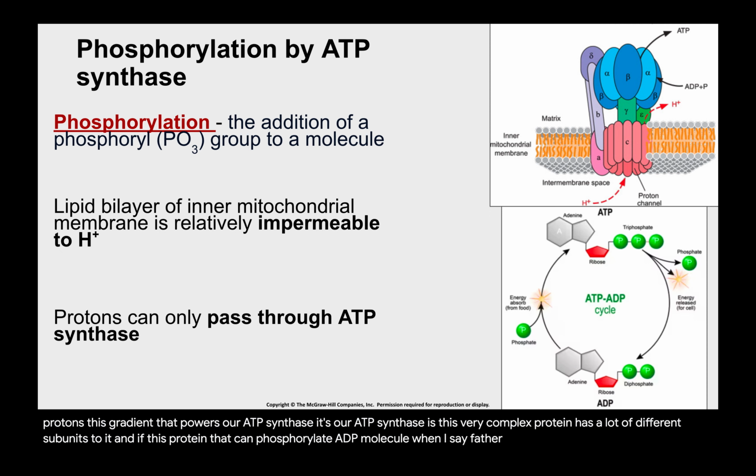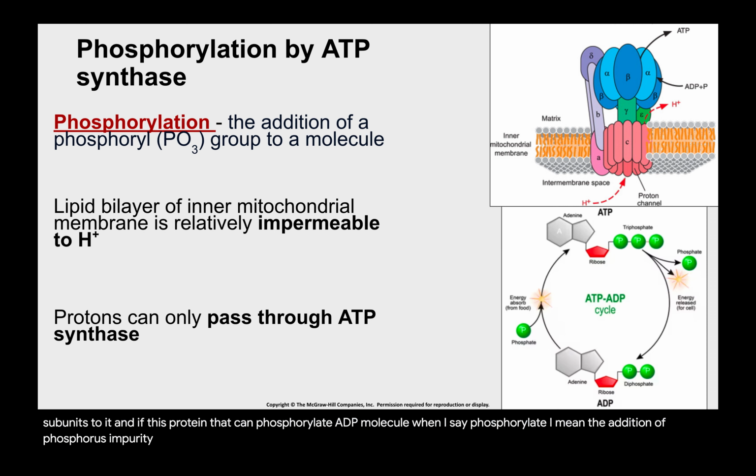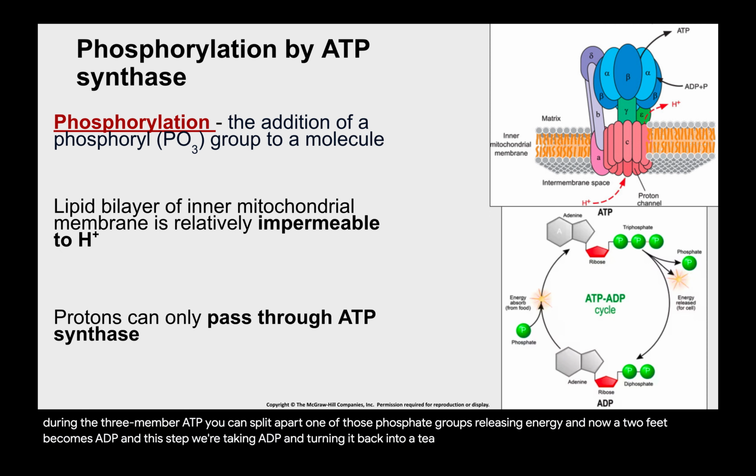When I say phosphorylate, I mean the addition of a phospho group. So if you remember ATP, we can split apart one of those phosphate groups, releasing energy, and now ATP becomes ADP. In this step, we're taking ADP and turning it back into ATP by adding back that phospho group.